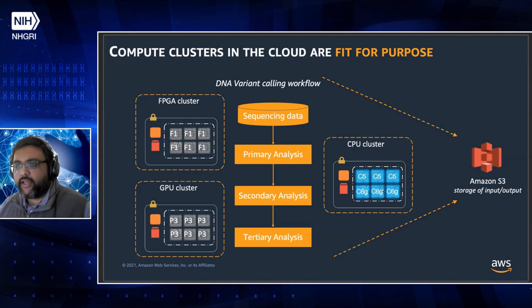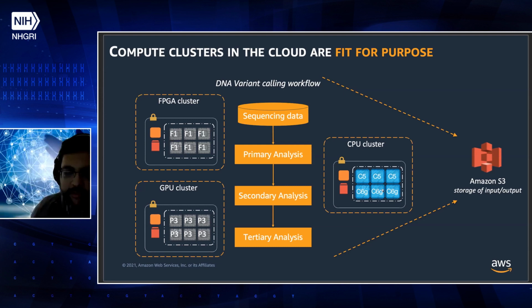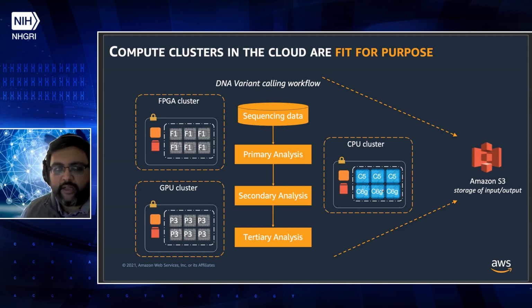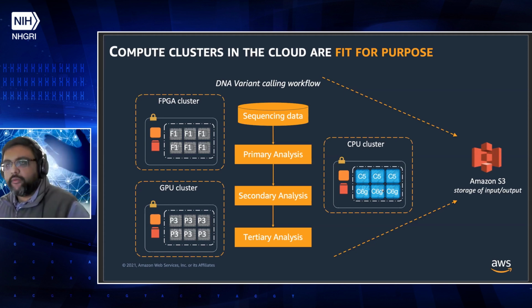So let's say primary analysis using the Dragon Suite, and you use FPGA F1 instances and get to the result faster. Similarly, now you're going from primary to secondary analysis, compute bound. You spin up a CPU cluster, maybe using the Graviton processor. Now you're in the tertiary analysis stage, and this is where there's a lot of machine learning, data analytics, image processing happening, and you switch again. You spin up a GPU cluster, and you're able to, once again, accelerate and do your science faster.